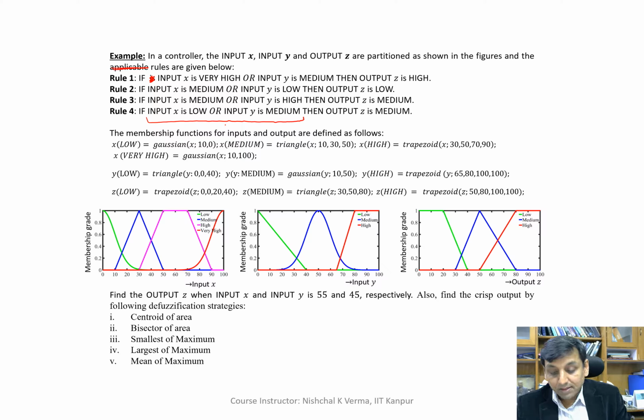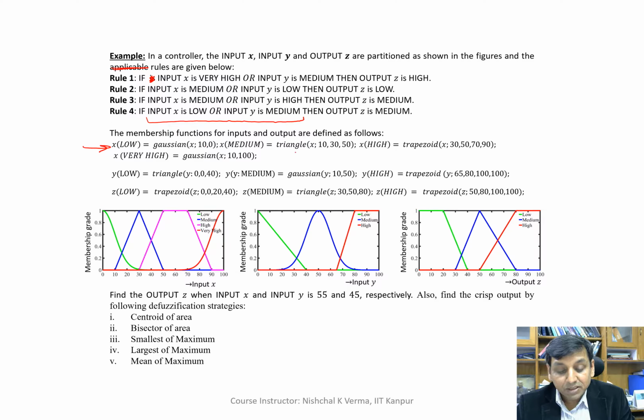Let us understand that the membership functions for inputs and output are defined as follows. X low is a Gaussian function with mean 0 and standard deviation 10.